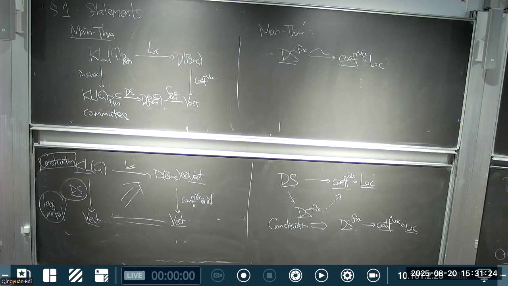And you may compare these things by translating between two languages of local-to-global functors, and I leave it to you to convince yourself that these two things are equivalent. So any questions so far? Okay, so if I run out of time, I will treat the proof of this main theorem as a black box.